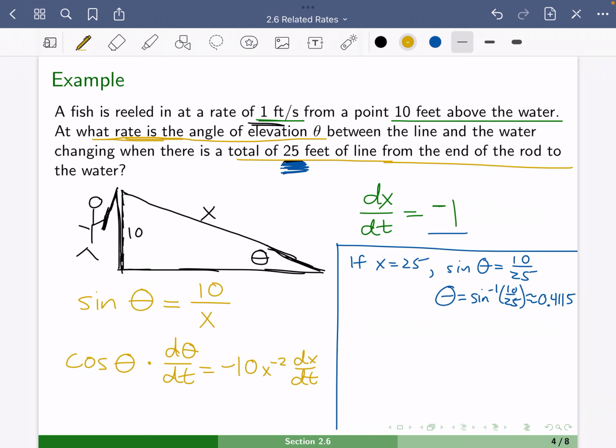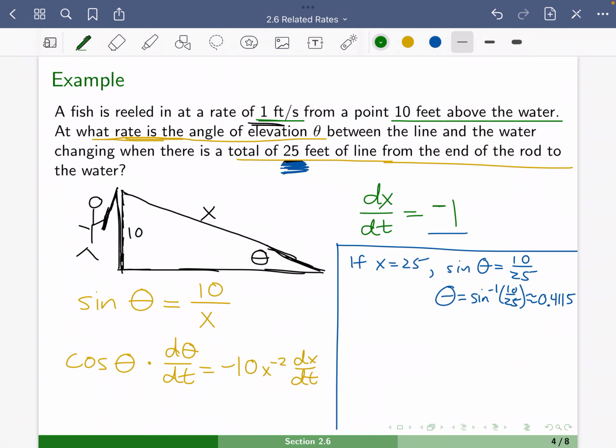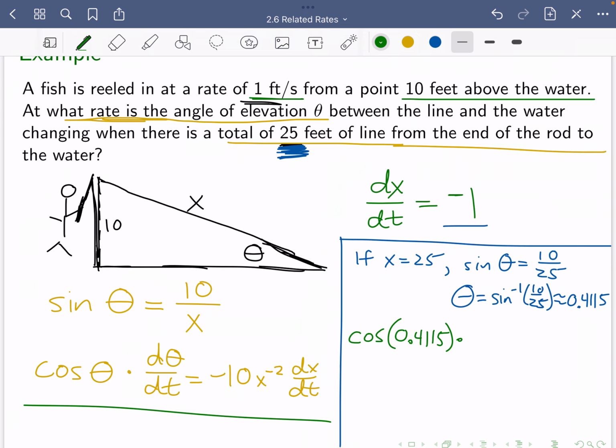And we have those values, and we are going to plug those right into this down here. So we have cosine of 0.4115 times d theta/dt, which we don't know, is equal to negative 10 over 25 squared times negative 1.